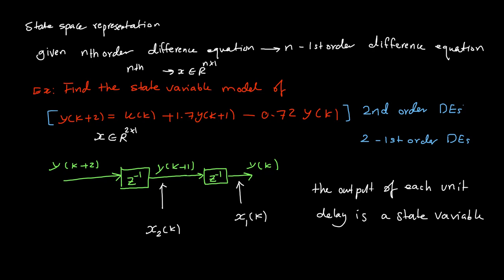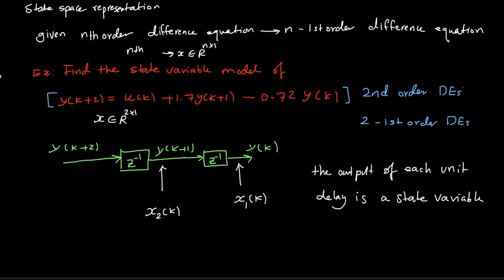So now let's try to write this equation in terms of x1 and x2. So x1 of k actually is y of k, and x2 of k, it will be y of k plus 1.